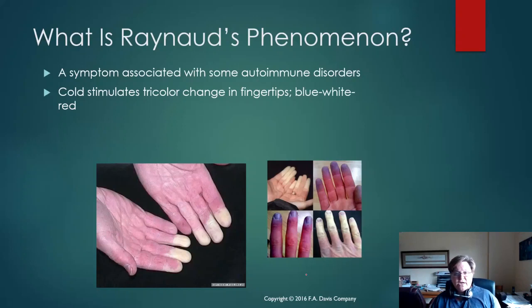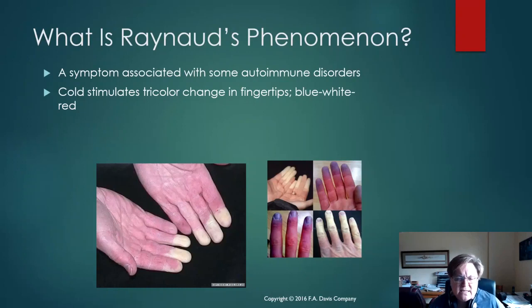But temperature changes affect basically how your vessels in your hands and in your toes react. So you might be exposed to cold and your fingertips get really white. That's because the blood vessels in your fingers have constricted and you have no blood in your fingers.